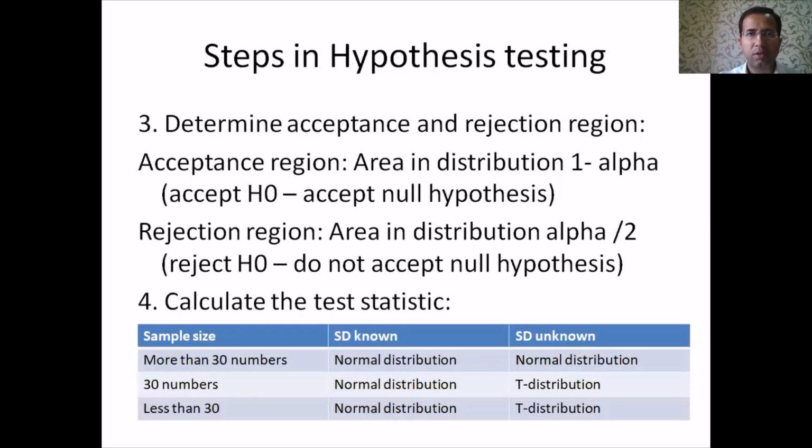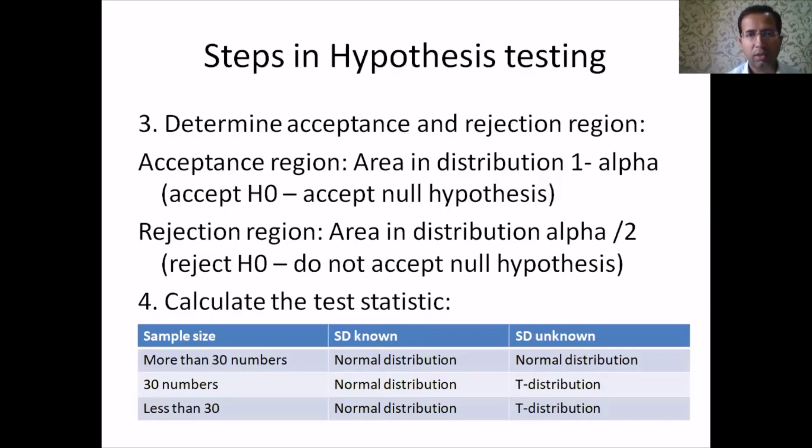The third step is to determine the acceptance and rejection region. I'll explain what the acceptance and rejection region is. It's basically pertaining to the null hypothesis, acceptance of the null hypothesis or rejection of the null hypothesis, depending on the sample statistic that we have calculated.